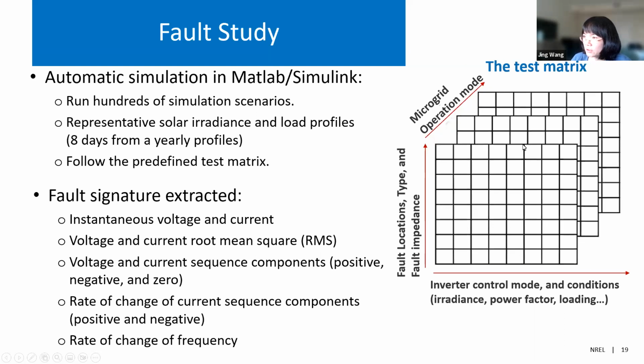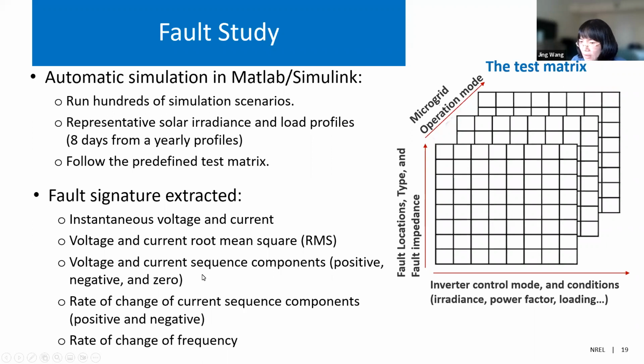With that, for each test, we extract some fault signatures. For example, the instantaneous voltage and current, the voltage and current RMS, the voltage and current sequence components, the rate of change of positive and negative sequence of the voltage and current as well, and the rate of change of frequency.